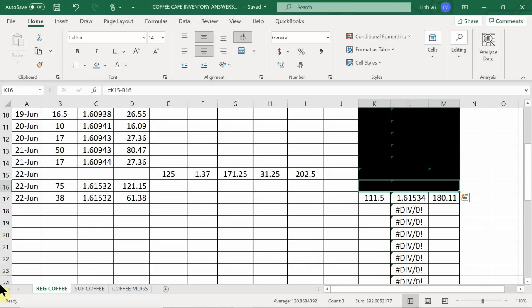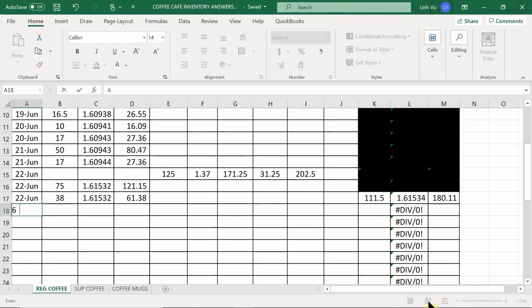Okay, starting off with our regular coffee. Okay, so 6/23, we use 39 pounds at $1.61534.